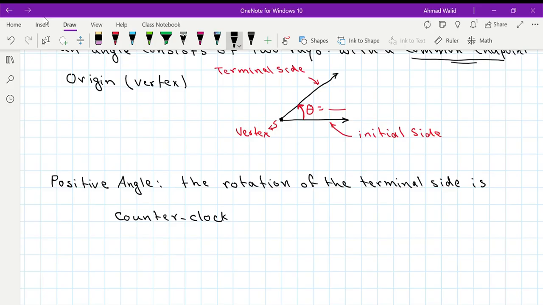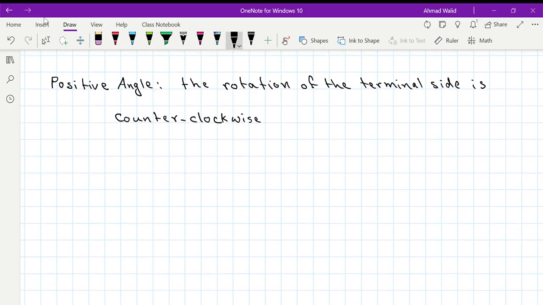How? For example, I will draw this angle. This is my initial side, and this is my vertex. The rotation of the terminal side is counterclockwise. For example, I'll do this rotation and come up to here.